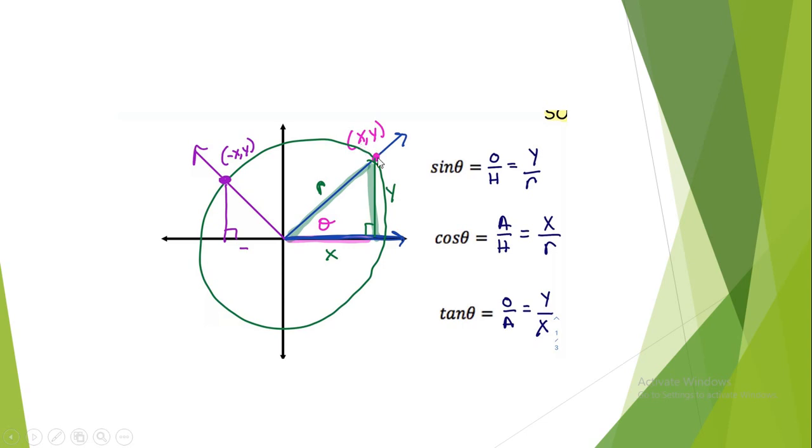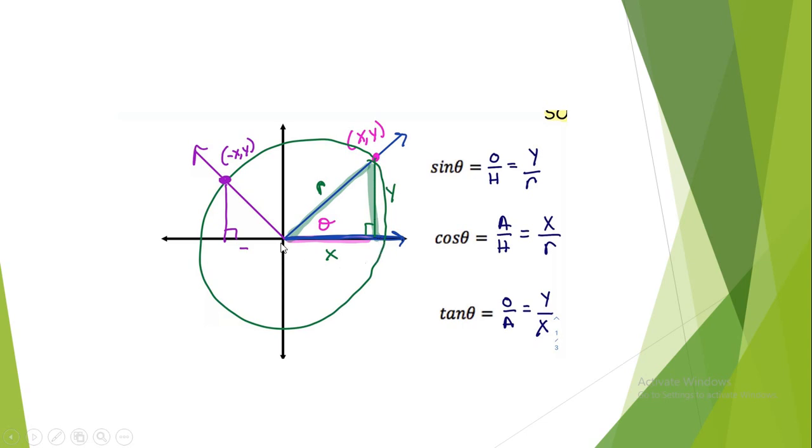If this is represented by x and y, then assuming we are projecting this point onto the axis, we project the point downward. From the origin up to this point is our x coordinate, and from this side to that side will be our y value.